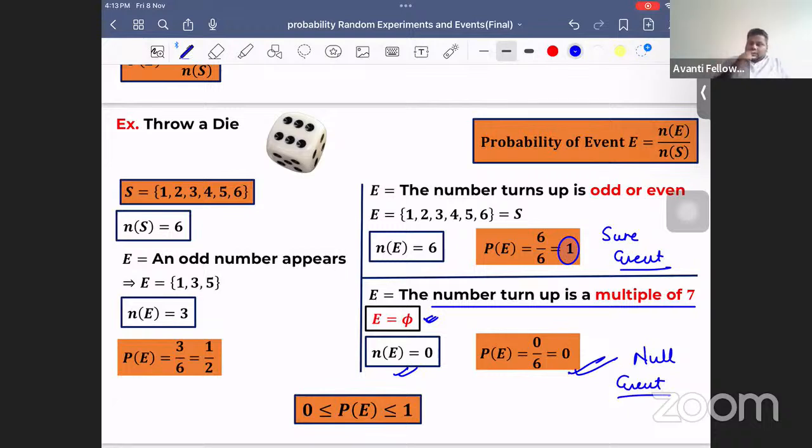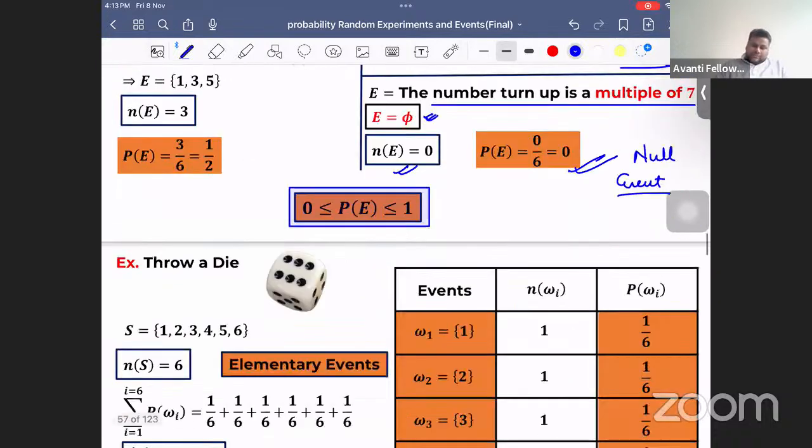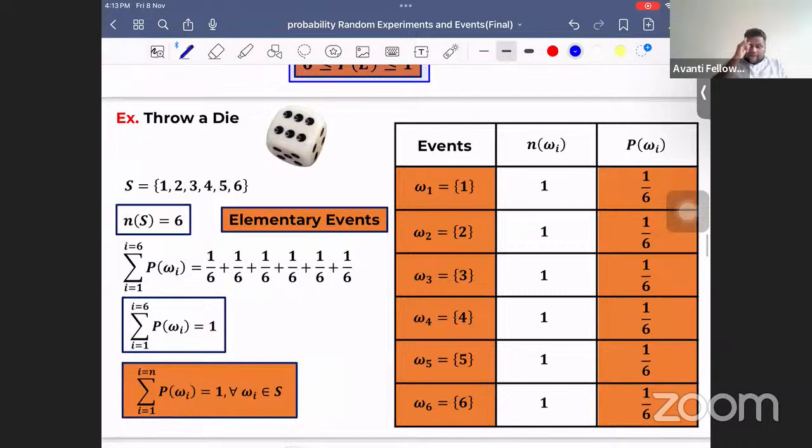So the probability of occurrence of any event always lies between 0 and 1. Am I correct? Now, throwing a dice.